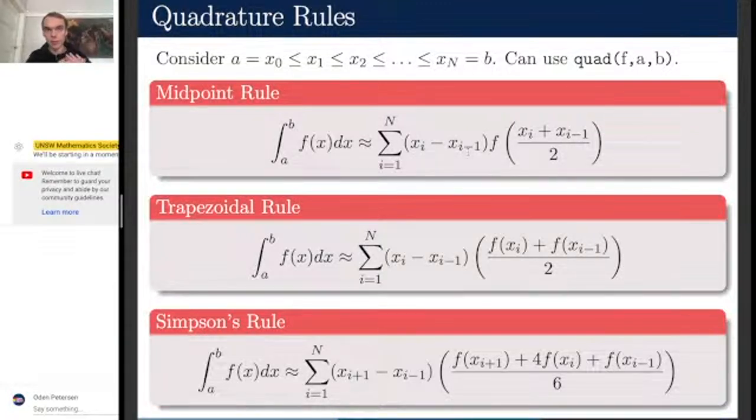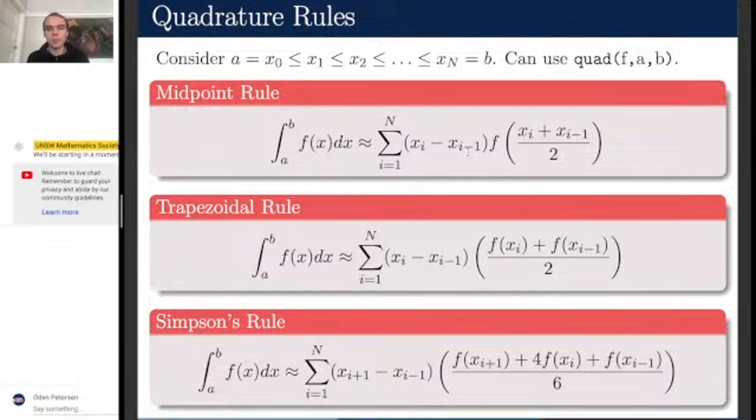That gives us an estimate of the integral over the subinterval, because we're assuming that the function across the whole subinterval is equal to the function at the midpoint. That's the approximation we're making. Then we sum that up across all the intervals, and hopefully that gives us an approximation to the integral. That's a reasonably good approximation.